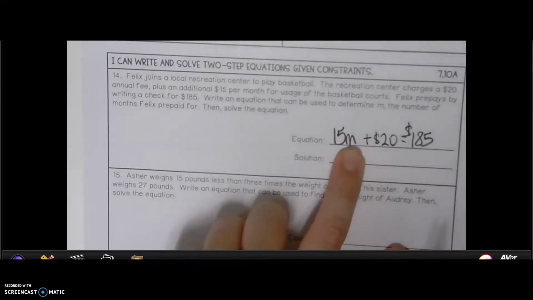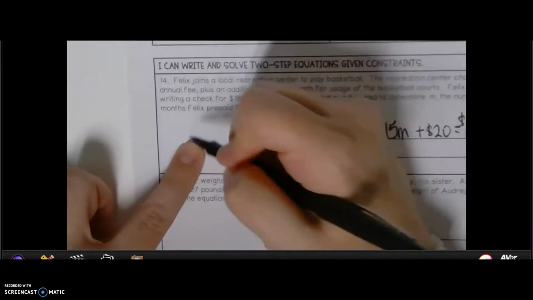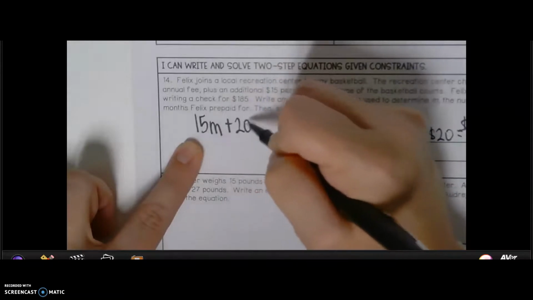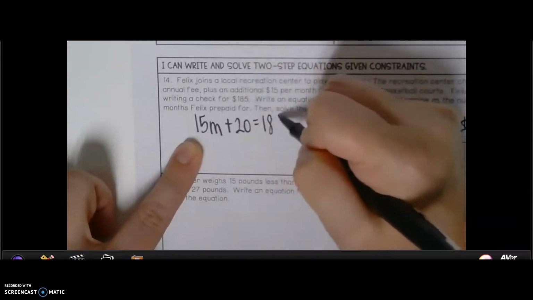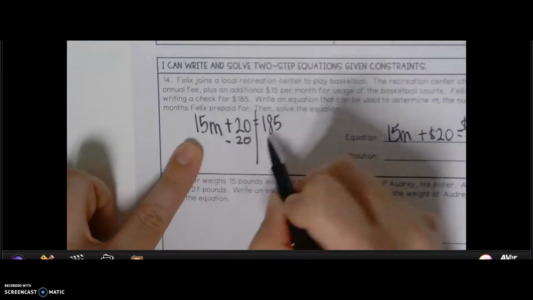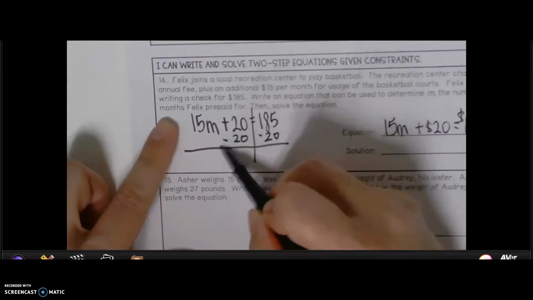Okay, so now we're going to solve for M. So I'm going to use the space over here. So we're going to do 15M plus 20 equals 185. Okay, 20 is my constant, so I am going to do the opposite, and I'm going to subtract 20 from both sides.